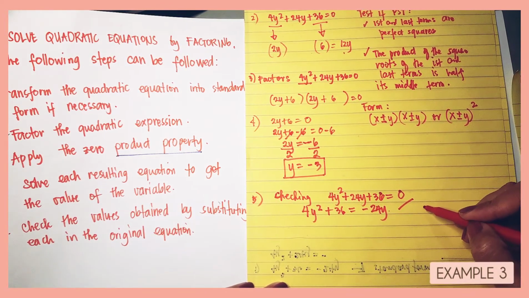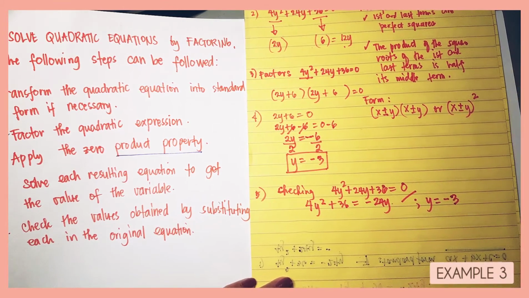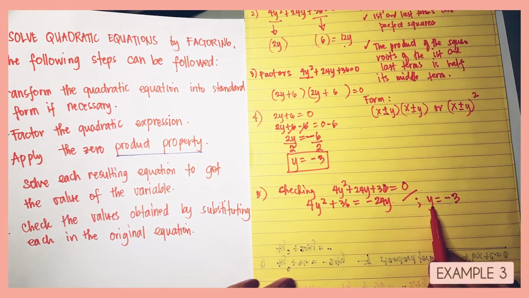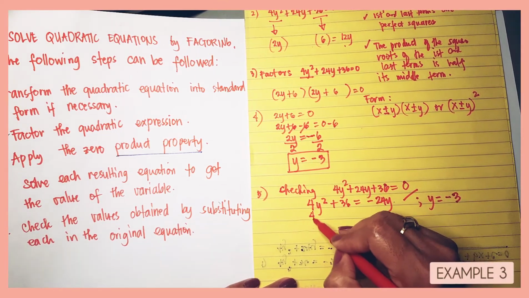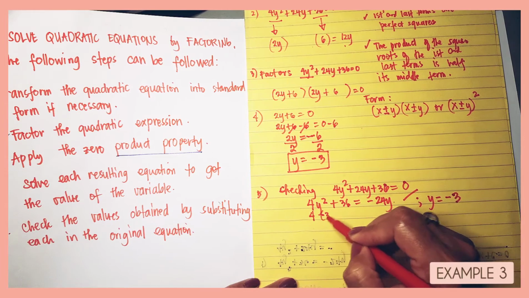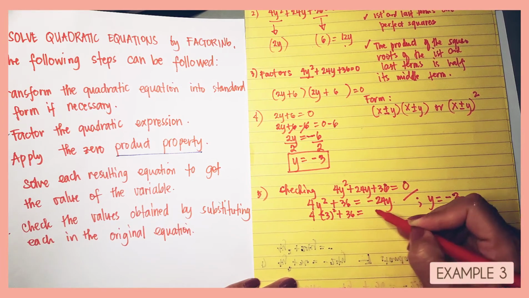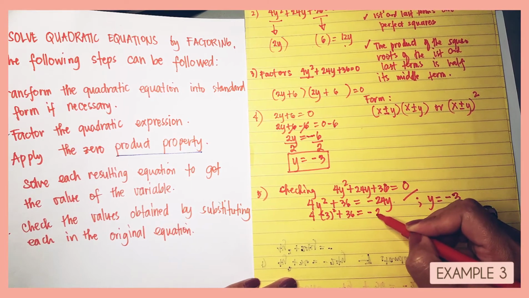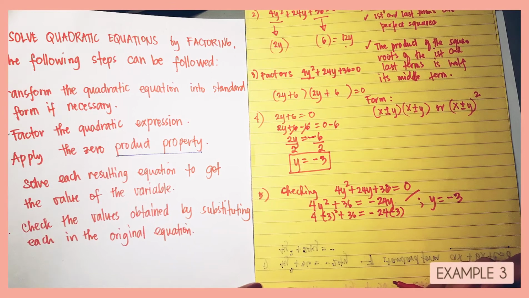So let's use the value of y, which is equal to negative 3. So substitute the value of y, which is negative 3. This becomes 4 times negative 3 squared plus 36 equals negative 24 times negative 3.